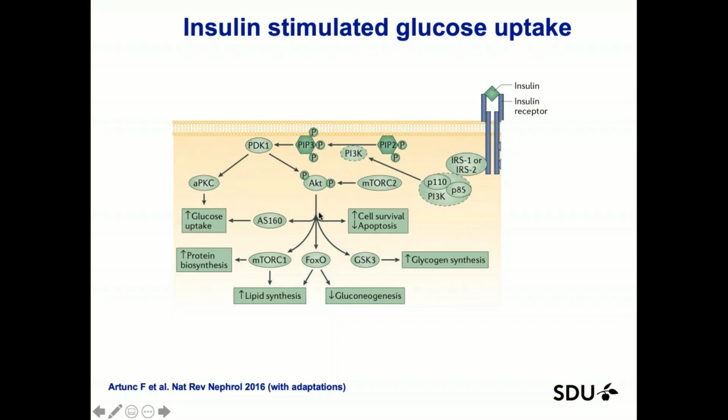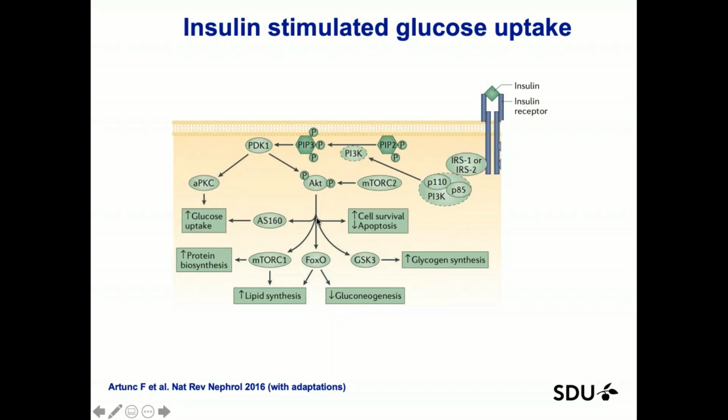Downstream to AKT, you also have mTOR, which regulates lipid synthesis and protein biosynthesis as well. And importantly, FOXO will also be regulated, which means that now we will inhibit the hepatic glucose production, mainly by reducing the activity of gluconeogenesis.